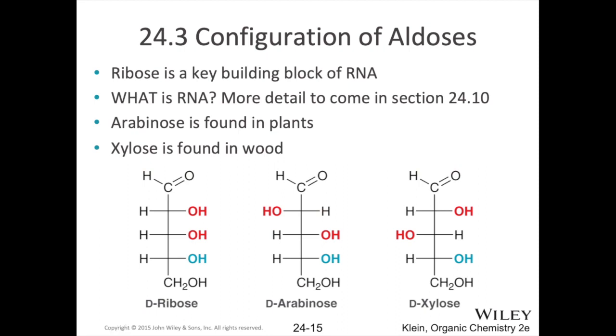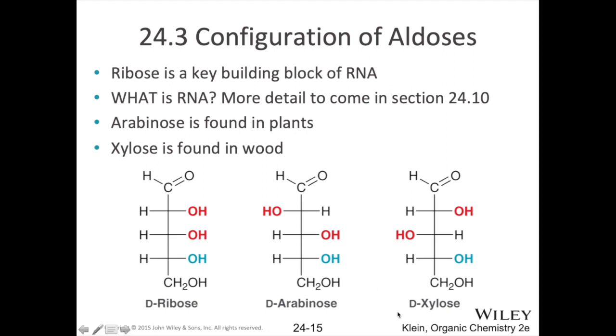Some of those names probably sound a little familiar. Ribose, of course, is the R in RNA, and deoxyribose, where you basically remove one of these alcohol groups and replace it with a hydrogen, is the D in DNA.